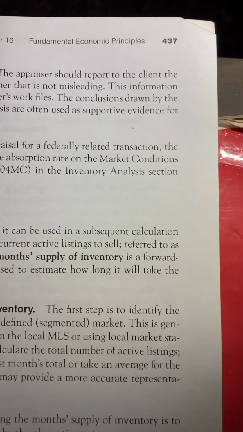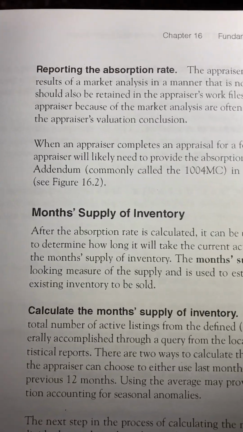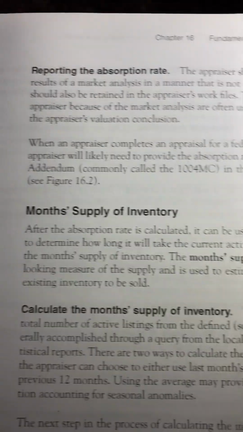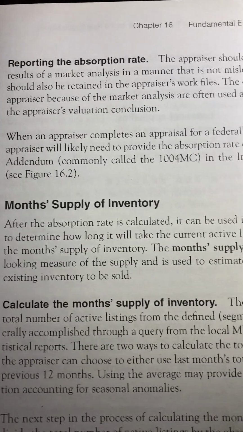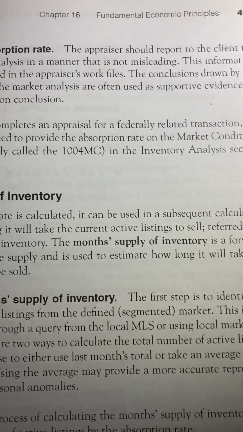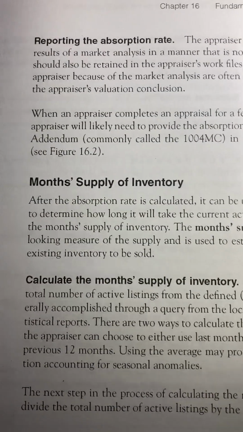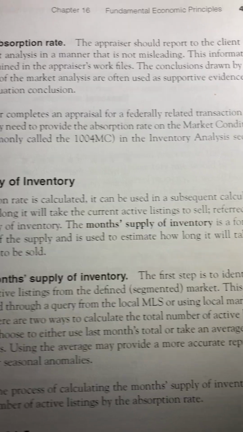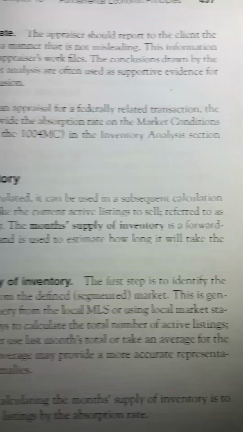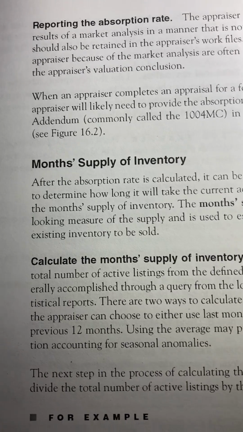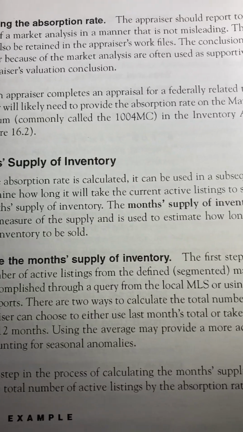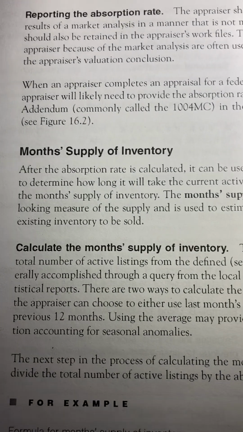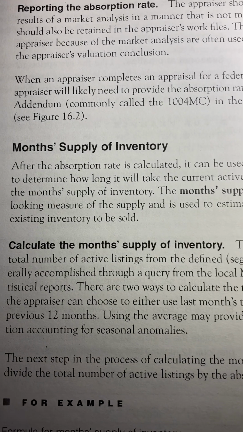Page 437. Reporting the absorption rate. The appraiser should report to the client the results of a market analysis in a manner that is not misleading. This information should also be retained in the appraiser's work files. The conclusions drawn by the appraiser because of the market analysis are often used as supportive evidence for the appraiser's valuation conclusion.